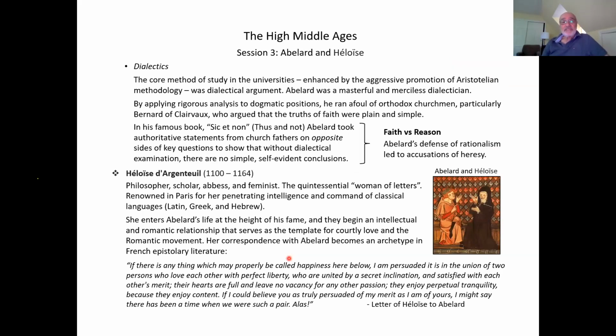Dialectics, the core method of study in the universities, enhanced by the aggressive promotion of the Aristotelian methodology, was dialectical argument, and Abelard was a master at this and a merciless dialectician. People hated to debate him because he would crucify them.